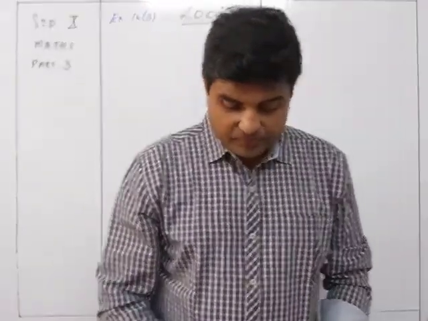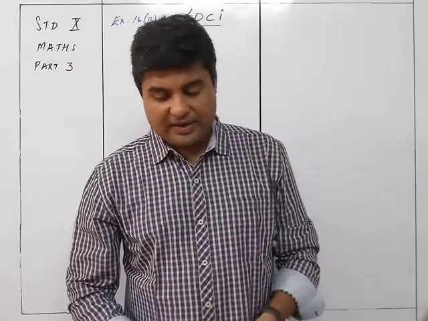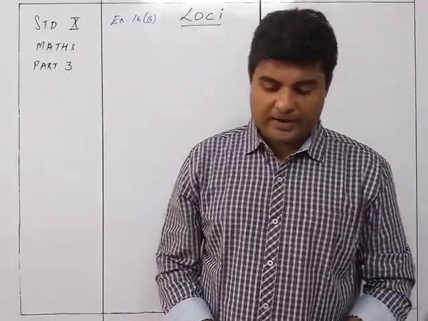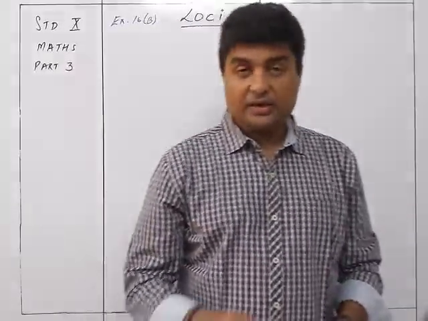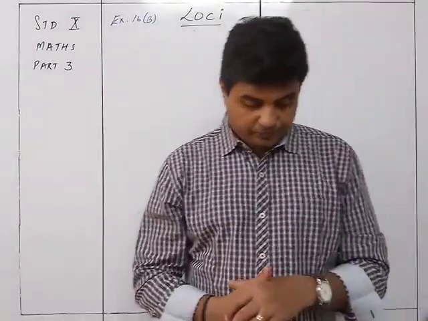So that will be a straight line parallel to the given level road at a distance equal to the radius of the wheel.